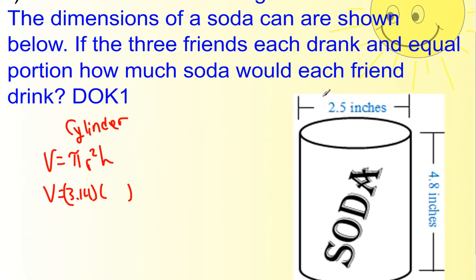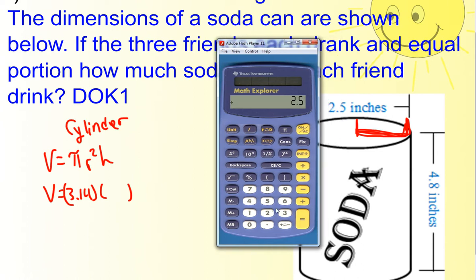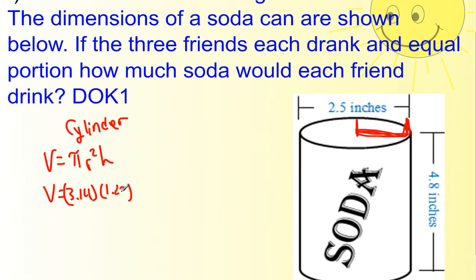This tells us this can is 2.5 inches in this dimension, but that's a diameter. A radius would be this much. So how much is that? 2.5, the diameter, divided by 2 is 1.25 squared. And the height is 4.8 inches.